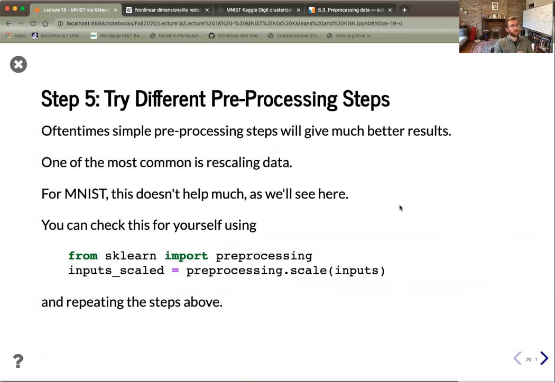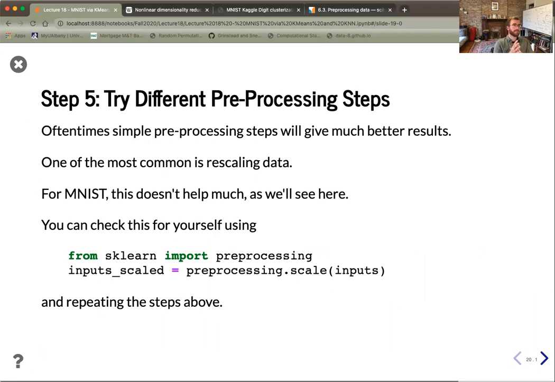Okay, so I'll just mention that step 5 is one we're not going to execute here in this lecture, but we will do it in the live lecture. It's considering that maybe there were some pre-processing steps that we could have done.